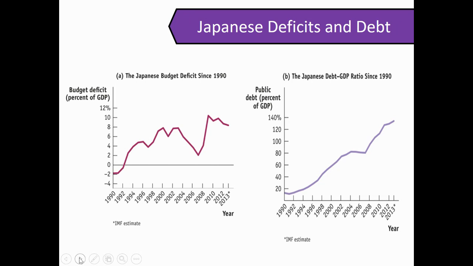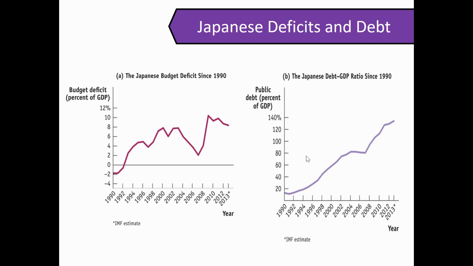Now, when you look at other countries, you look at Japan's deficit spending and their debt to GDP ratio. Huge difference here. Panel A shows the budget deficit of Japan as a percentage of the GDP, where B shows the debt to GDP ratio.